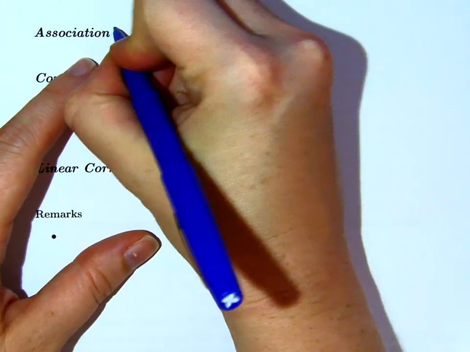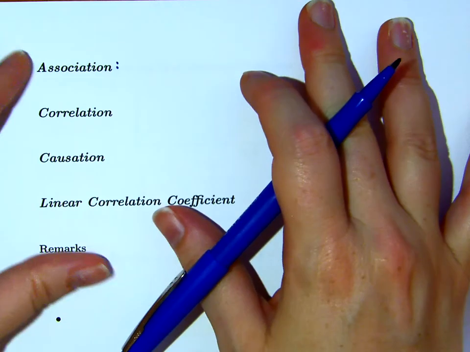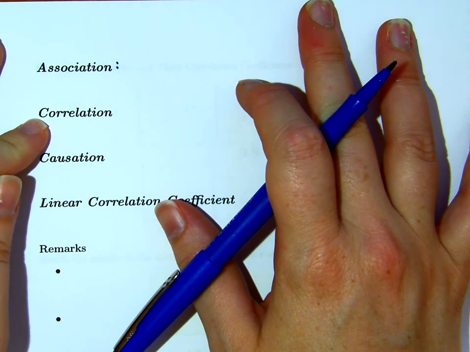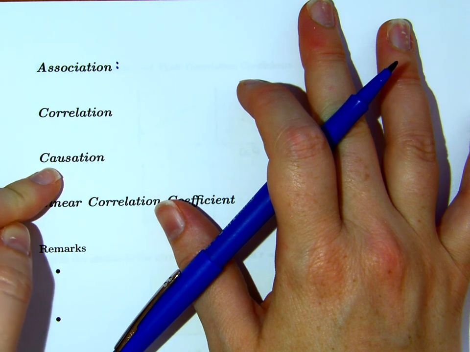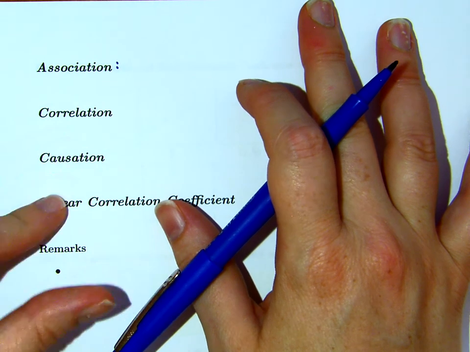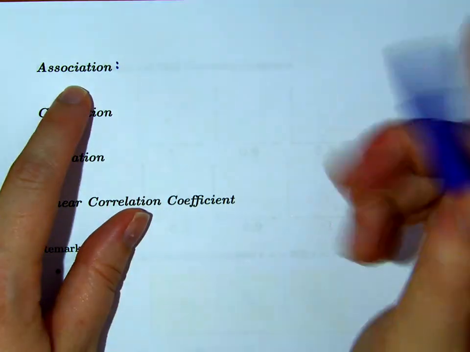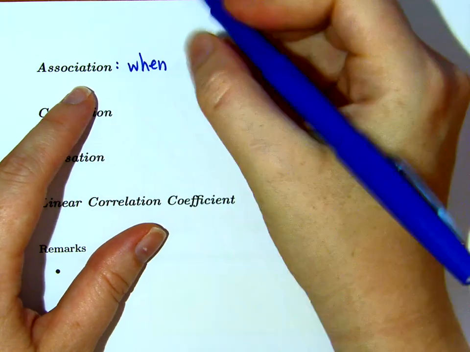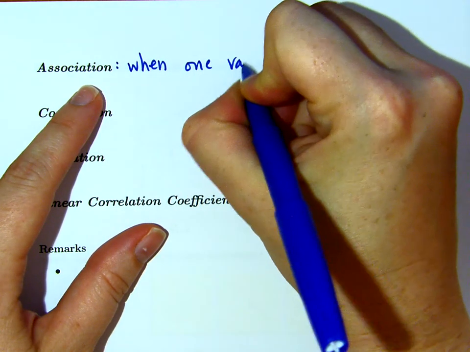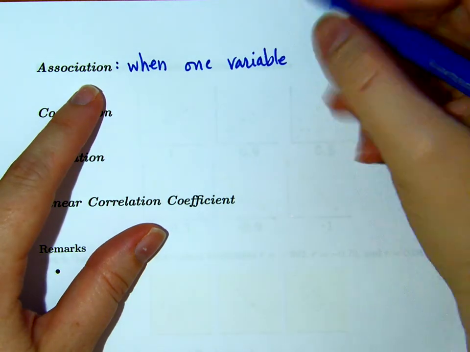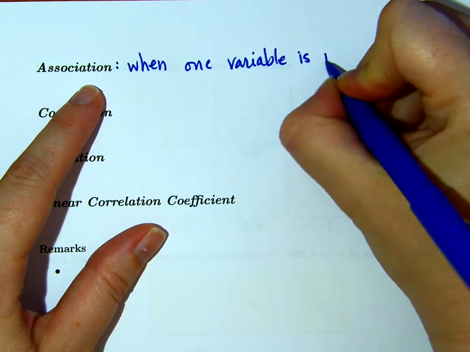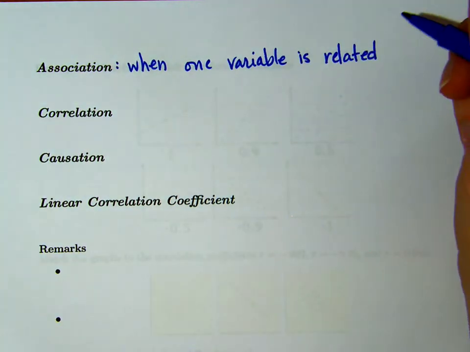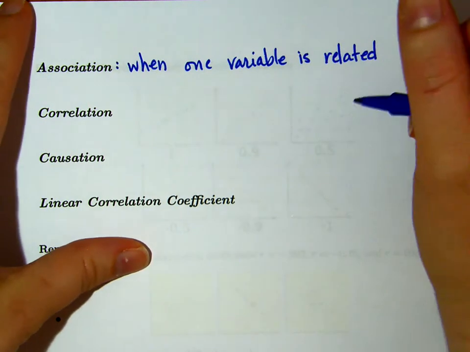Okay, so an association. Let's talk about all of these different words. Association, so are two things associated? Are they correlated? And do they cause? Does one cause the other to happen? These are all legitimate questions that we apply in general to our life. An association is when one variable is related or associated. Okay.